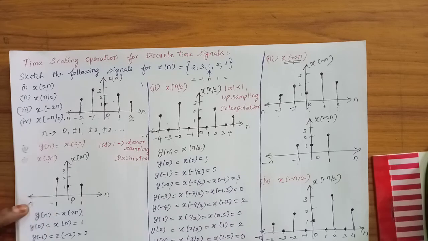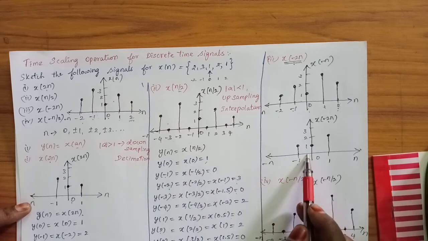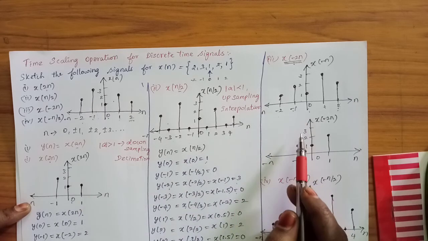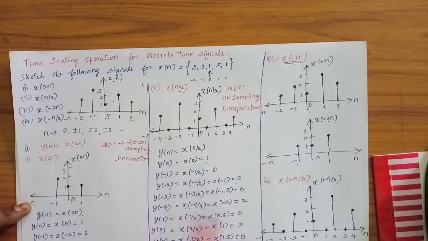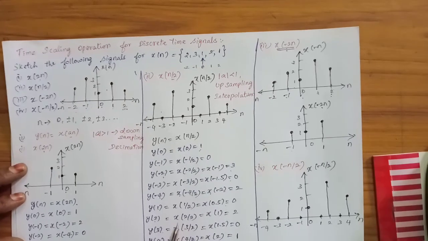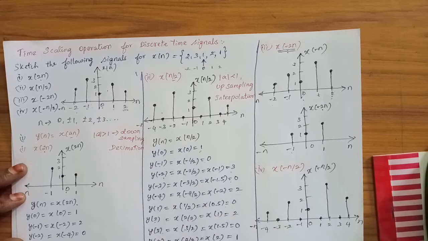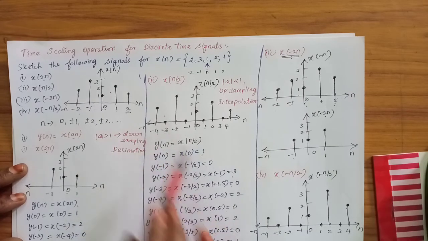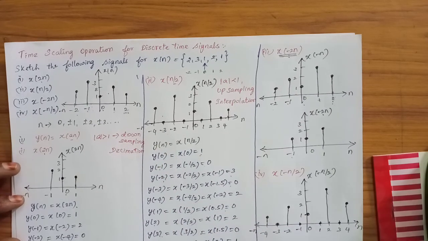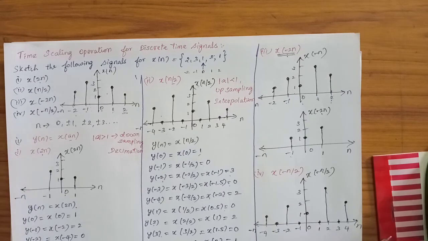Because in x of 2n and x of minus 2n, we have only 3 samples, the only difference is the time reversed signal. Similarly, x of n by 2 and x of minus n by 2 have a similar number of samples, that is, more samples.